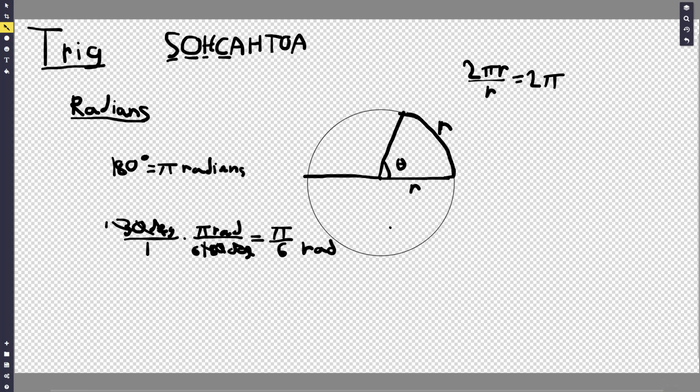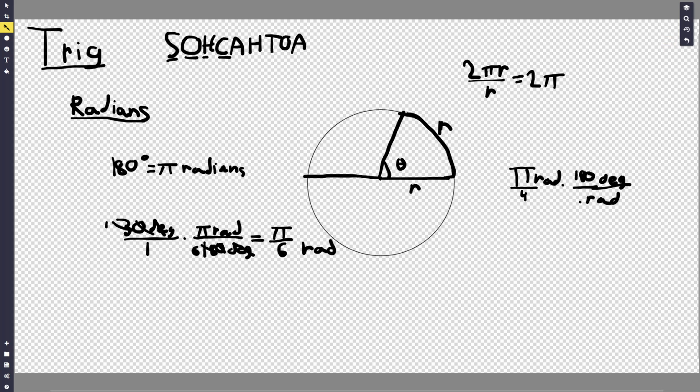Now, what if we want to go from radians to degrees? Well, it's very similar. Let's say we have pi divided by 4 radians. Remember, radians is in the numerator. We can multiply this by the ratio, but now that we're going from radians to degrees, we're going to flip the ratio. Instead of radians divided by degrees, it's going to be degrees divided by radians.